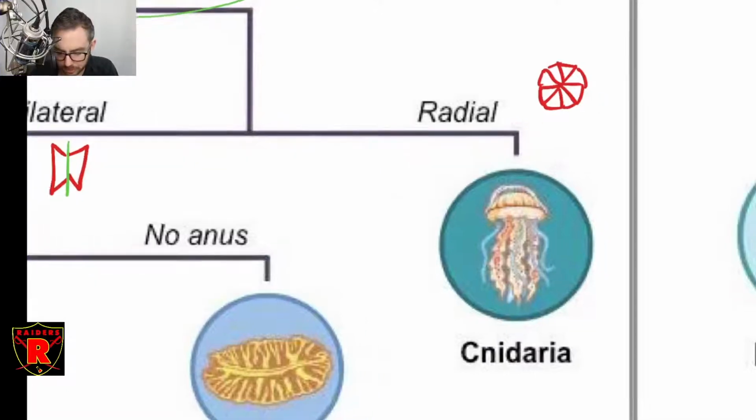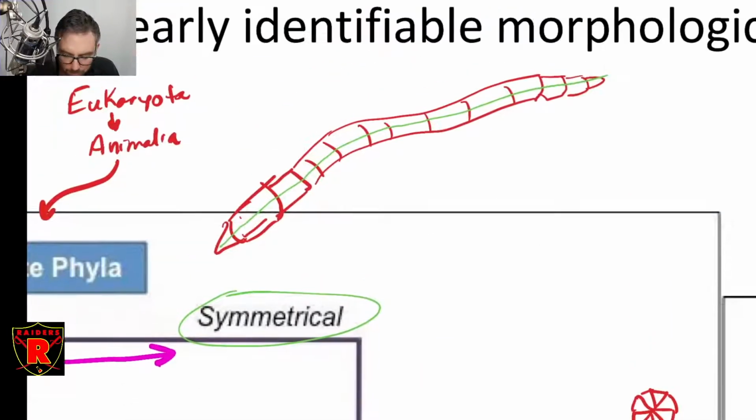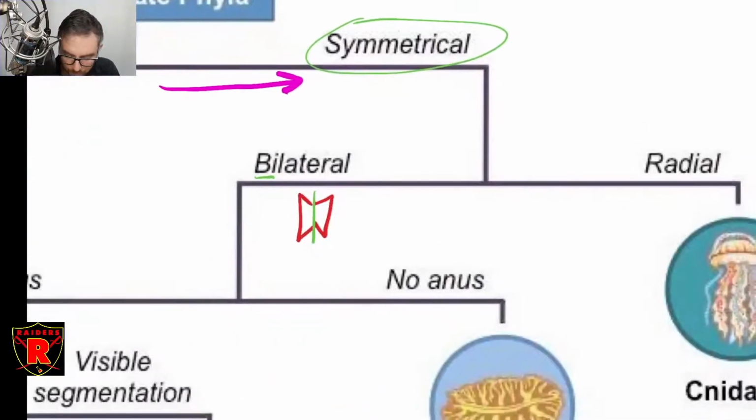Okay, so for example, cnidarians, which include things like jellyfish, are radially symmetrical. Well, we look at our guy here. It's not radially symmetrical, it's bilaterally symmetrical. So we're going to go this way on our dichotomous key.